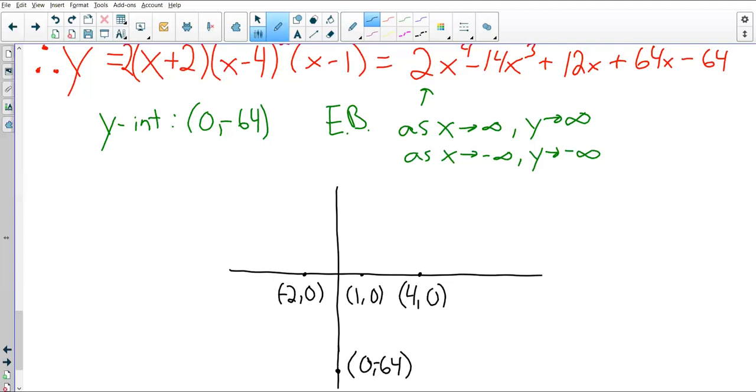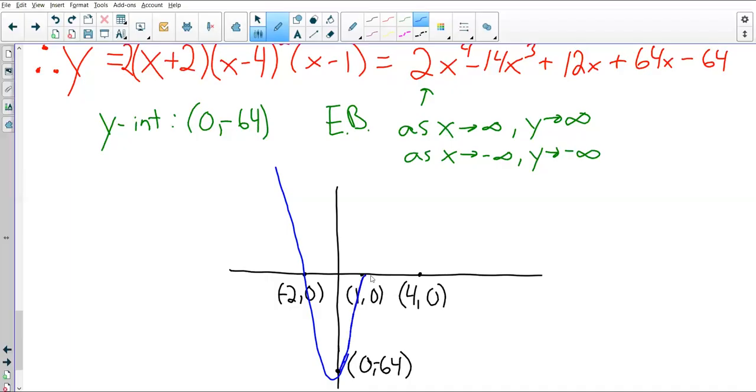Okay, so the function comes from infinity. We're going to come down somewhere down here. Somewhere down here, we're going to have a minimum. I don't actually know if it's where x is negative or x is positive, and that doesn't really matter to us right now.